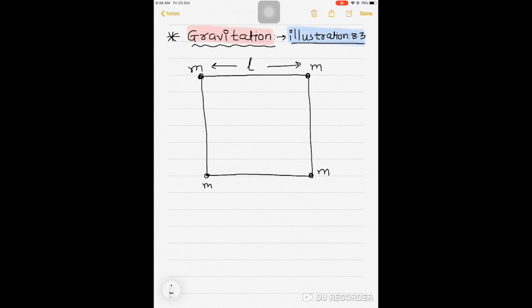Now it is very clear that for potential energy, suppose we name the particles 1, 2, 3 and 4. Then the net potential energy is U net equals U12 plus U13 plus U14 plus U23 plus U24 plus U34.